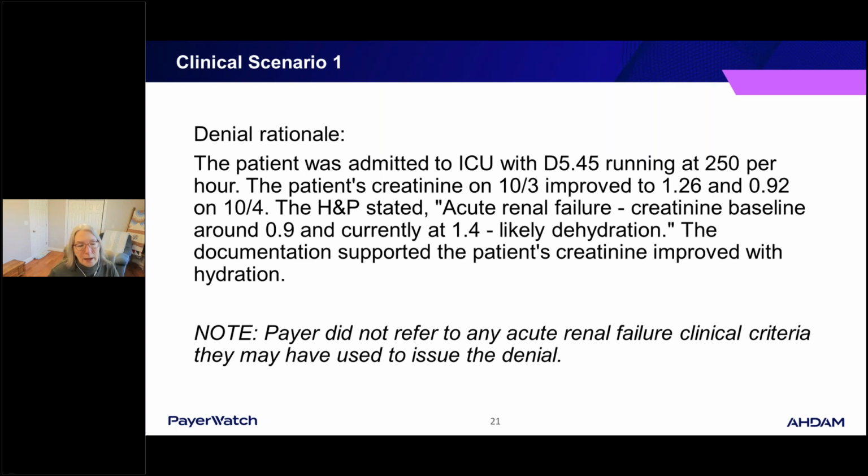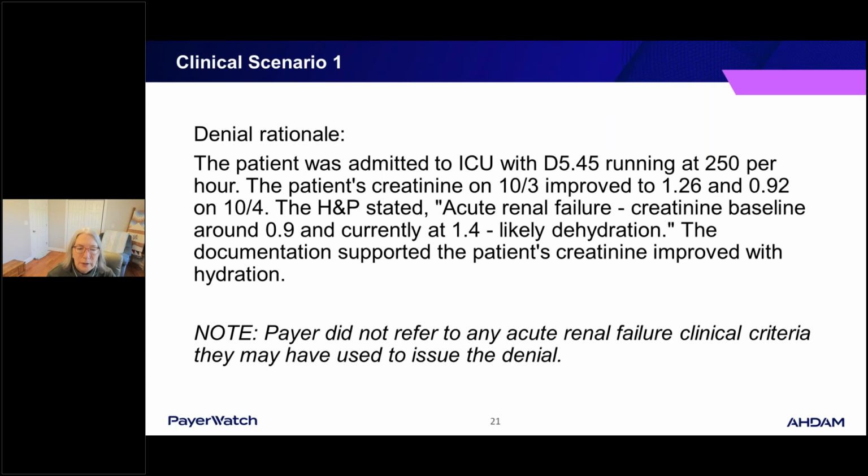Now, one thing they did not say in this case was they did not refer to any acute renal failure clinical criteria that they were looking for to support the diagnosis. So it gets a little bit tricky sometimes in trying to determine what the payer is saying.